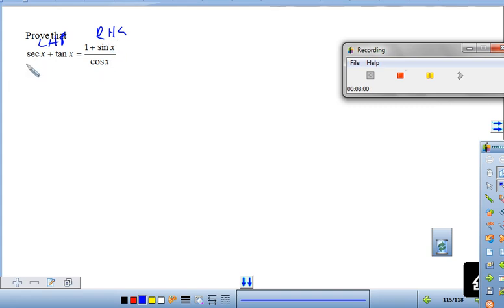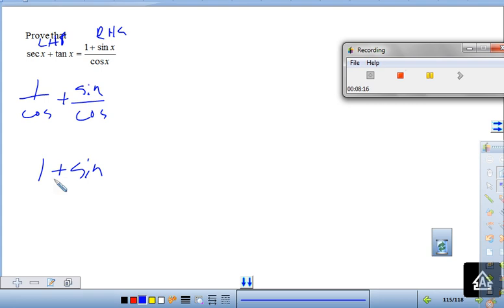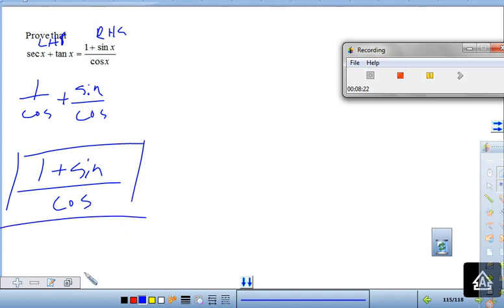So I'm going to change the secant to 1 over cosine, plus the tangent, which is the sine over cosine. Notice again I have a common denominator, so I can actually combine these two fractions, and I get 1 plus sine over cosine. And I see that that is actually what the right-hand side had as well. So I've verified or proven that these two are equal. I've shown the identity.